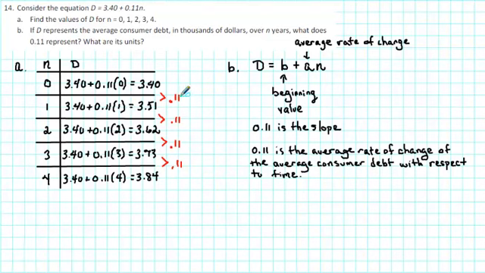Now what is 0.11 thousand? If we take 0.11 and multiply it by 1,000, we have to move the decimal place 3 places to the right, and we end up with $110. So it's basically saying that the average consumer debt is increasing at a rate of $110 per year.